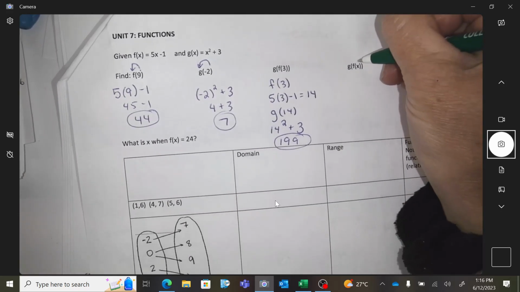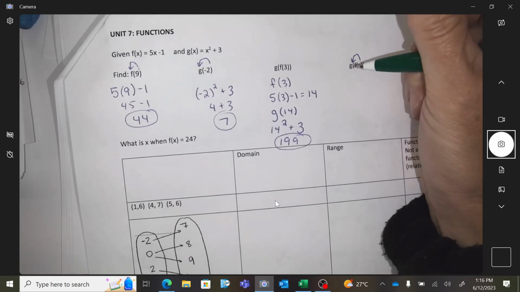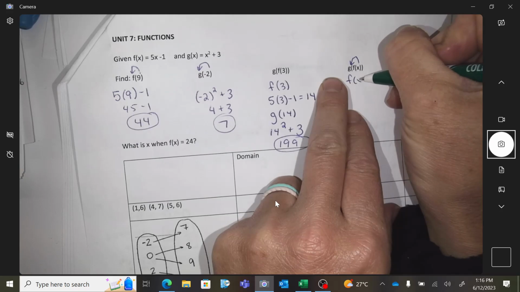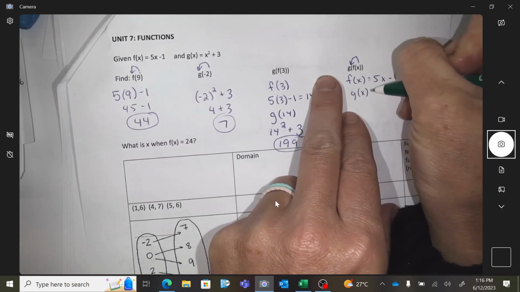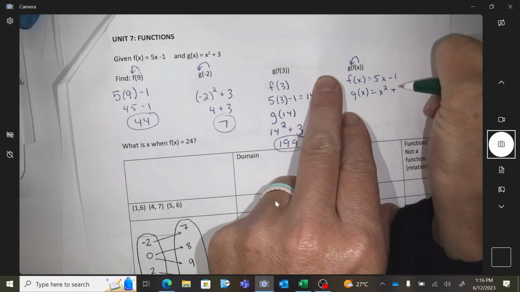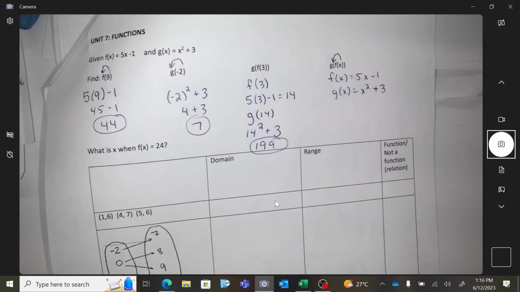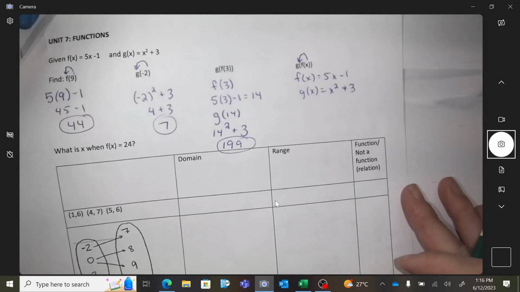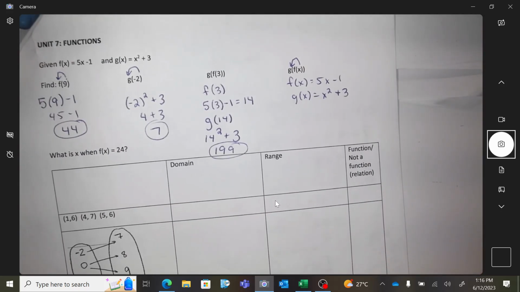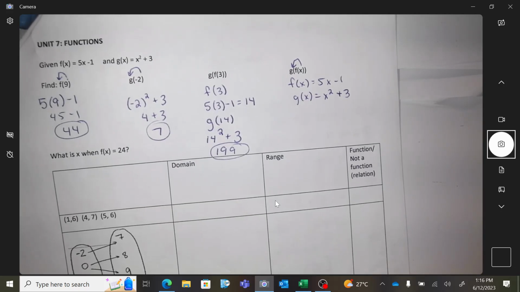Okay, this one says put the f into the g. I'm actually just going to rewrite them here so I can see them better. I'm going to put the f function into the g.